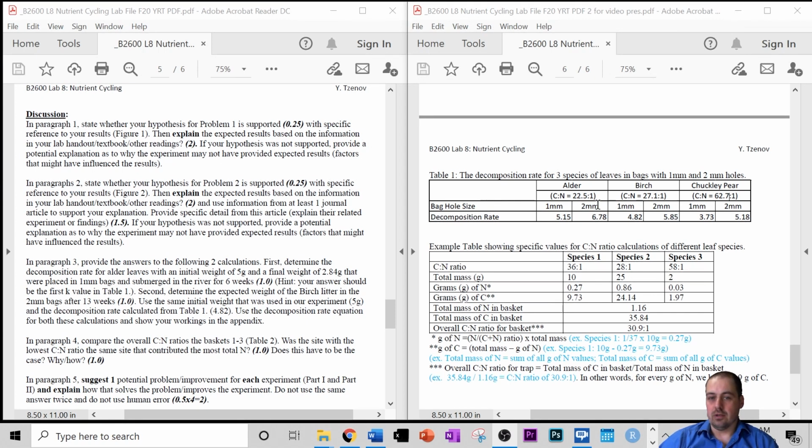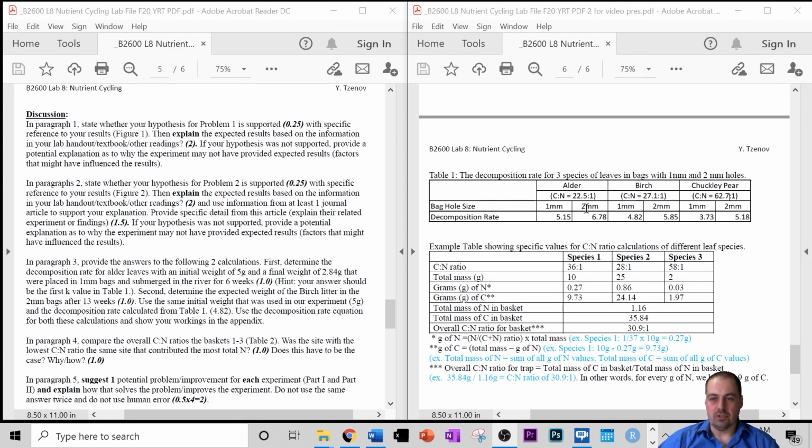So if you have 2 millimeter holes, they're going to be bigger than these. So you're going to do 2 things by this. One, you're going to let in bigger inverts along with all of the smaller inverts that can fit in the 1 millimeter bags. But you're also going to let more inverts go in at the same time, or in general, because these holes are bigger. And that is the trend that you're going to see.